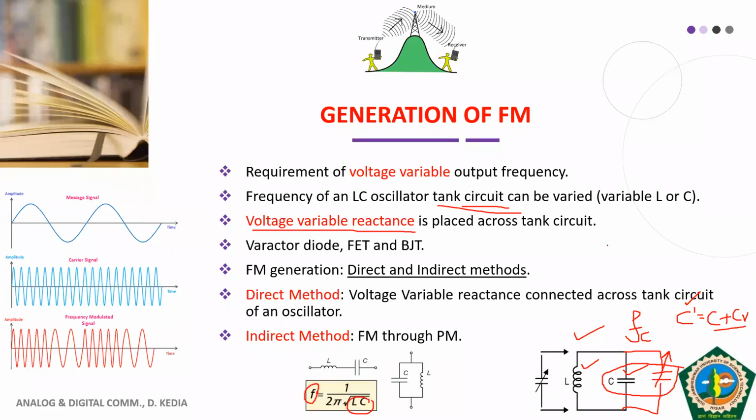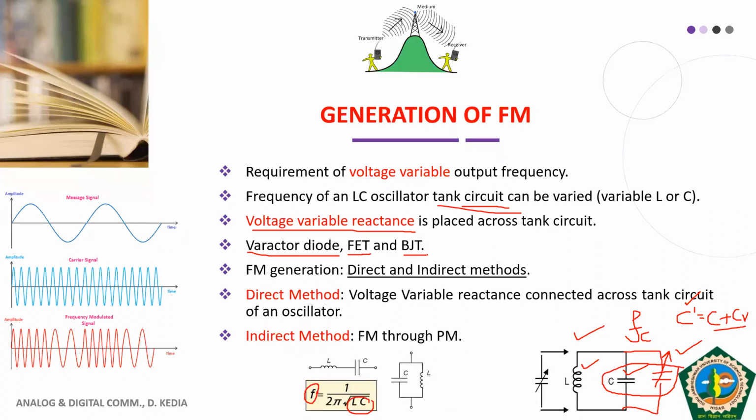So this variable capacitor component can be made by using a varactor diode. It can also be made by using a field effect transistor. It can also be made using a BJT, bipolar junction transistor. So this variable capacitor part can be generated with the help of either a varactor diode, FET or BJT.